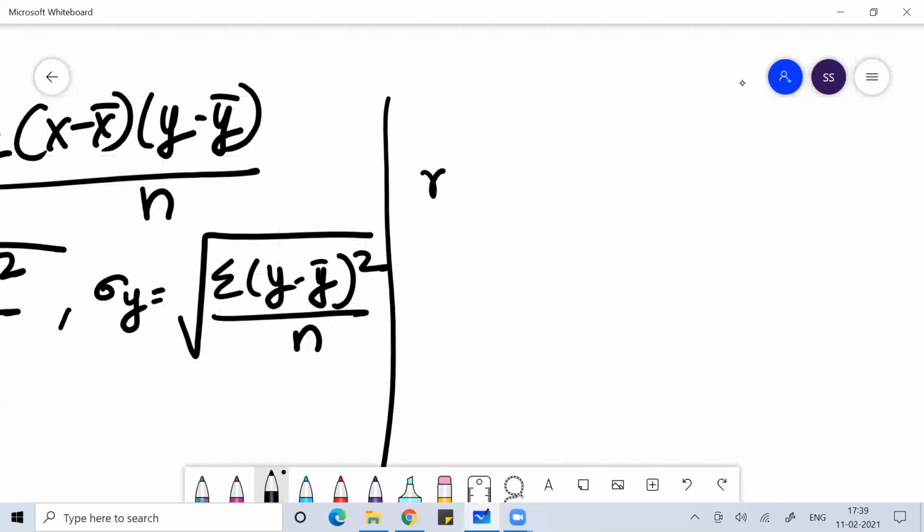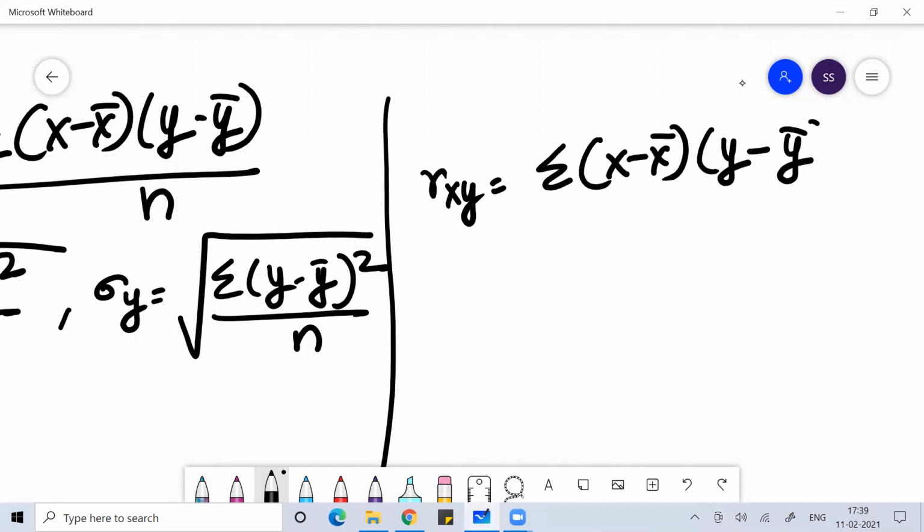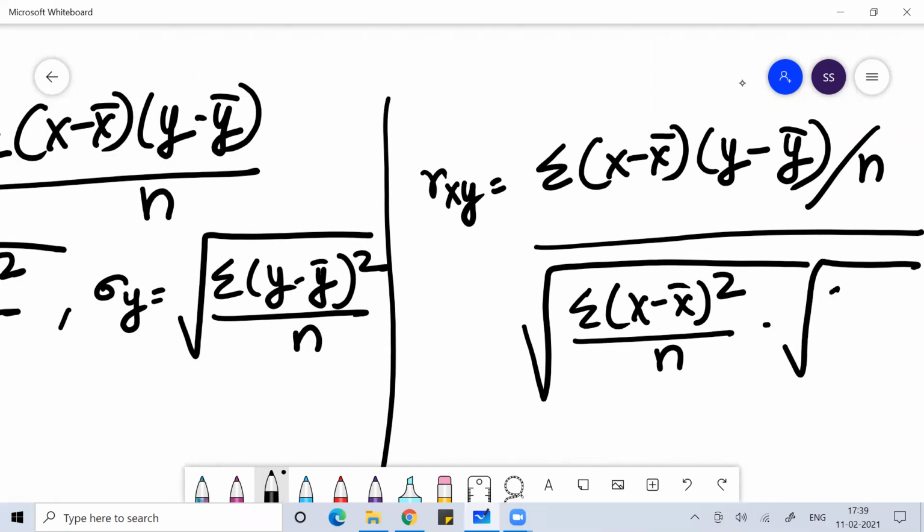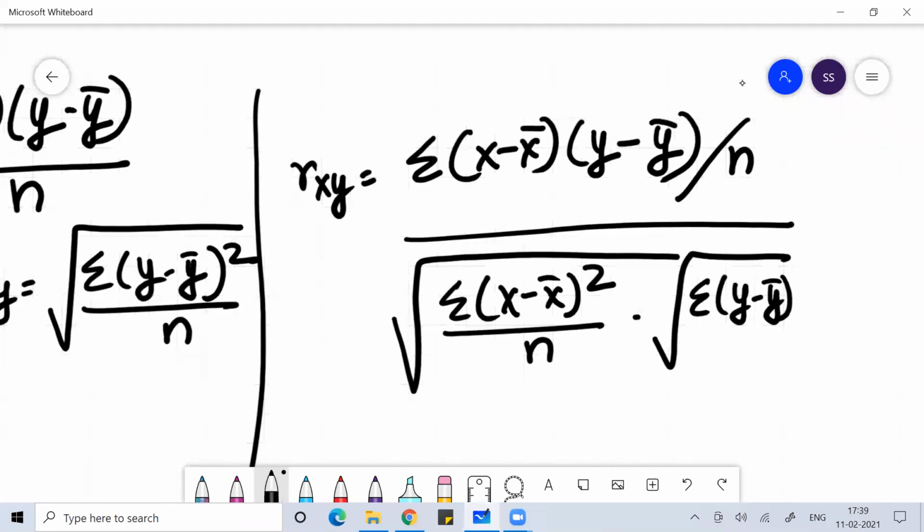So r of xy is summation of x minus x bar into y minus y bar by n, divided by the square root of summation of x minus x bar whole square by n into summation of y minus y bar whole square by n.